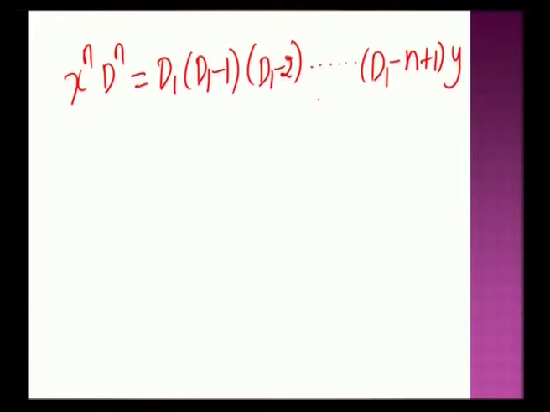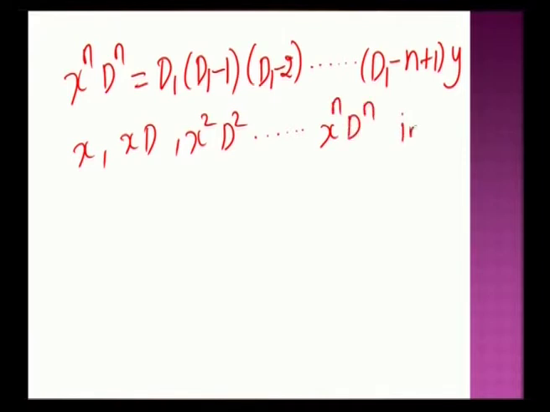So, this is the final expression we get for x power n into D power n. Substituting the values of x D, x square D square, etc., and x n D n in equation 1, we get a naught D1 into D1 minus 1, that is x n, then etc.